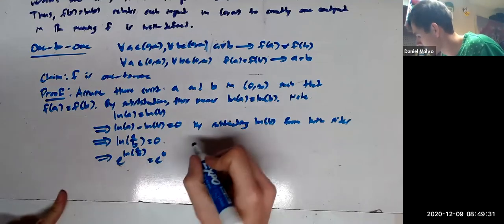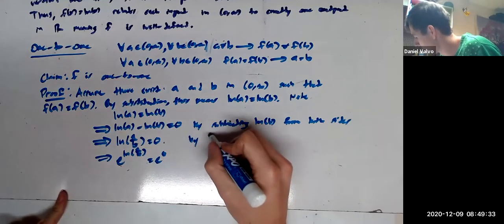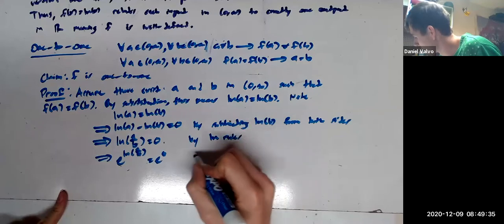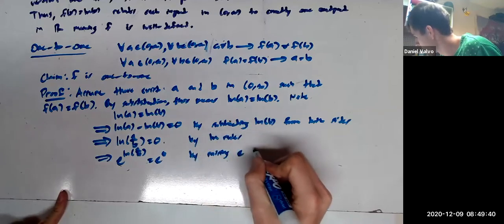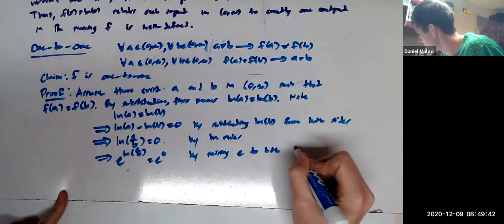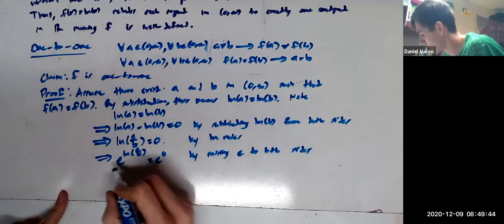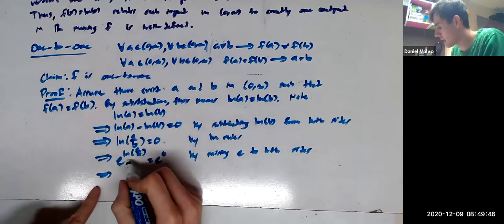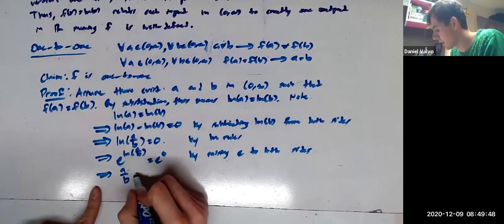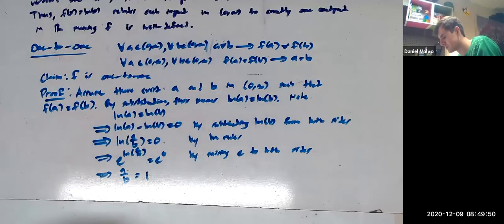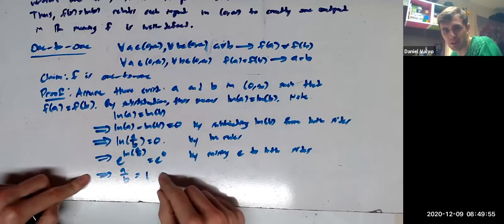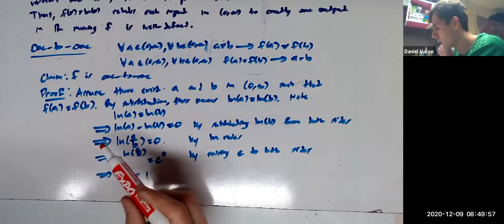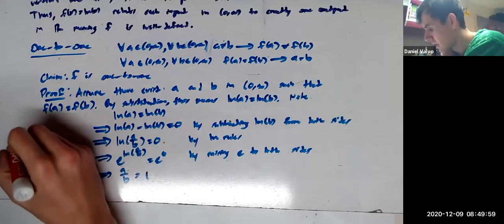This is by ln rules, by raising e to both sides. And this implies the e and the ln cancel out, and we get a over b equals e to the 0, which equals 1. You could think about going from here to here with this step, although I personally don't like this.